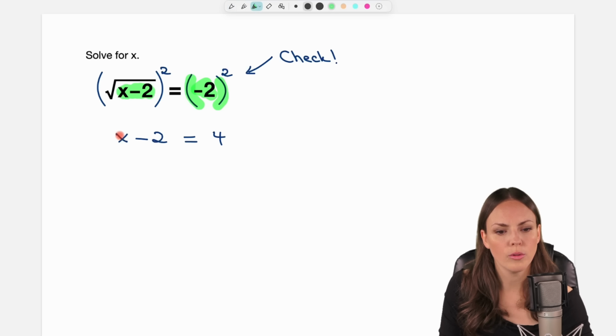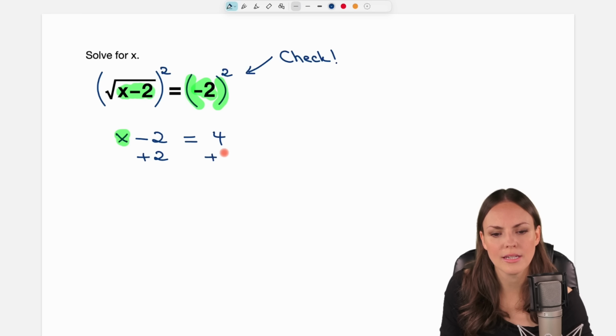Okay, if we want to solve for x now, we just have to get rid of the negative 2 here. So let's add 2 on both sides of the equation. Then only x is left here because this is equal to 0. And on the other side, 4 plus 2 is equal to 6. We have a solution.